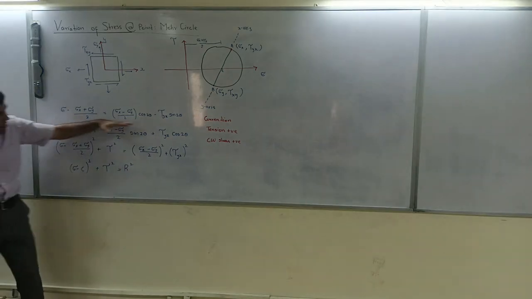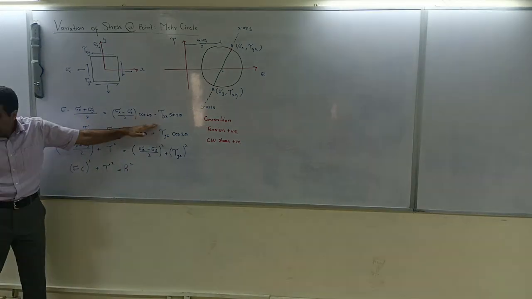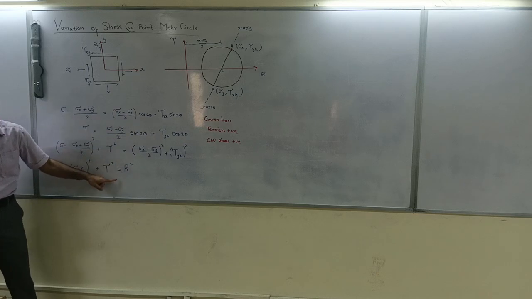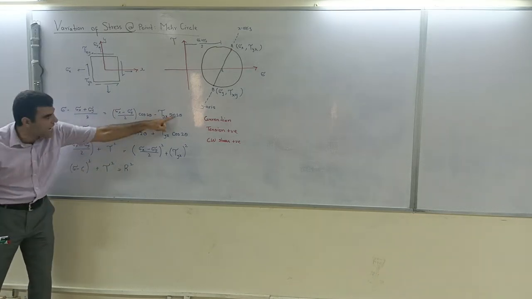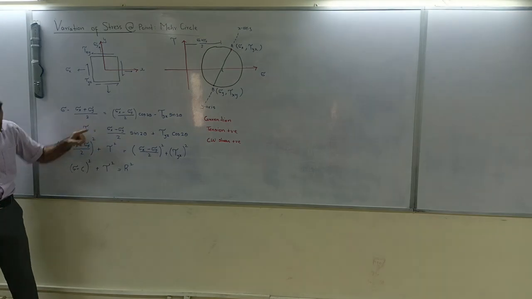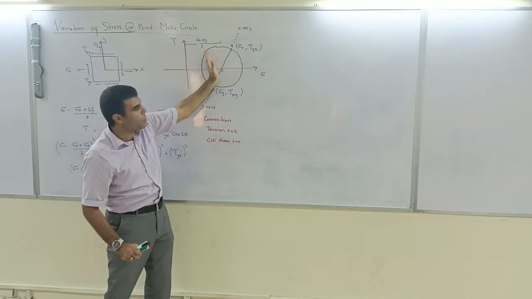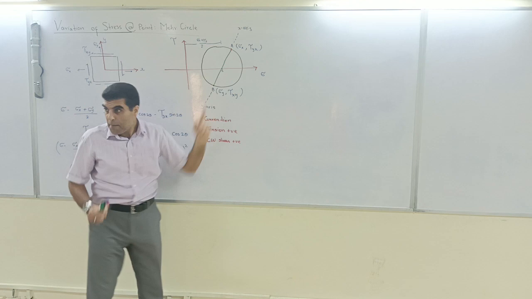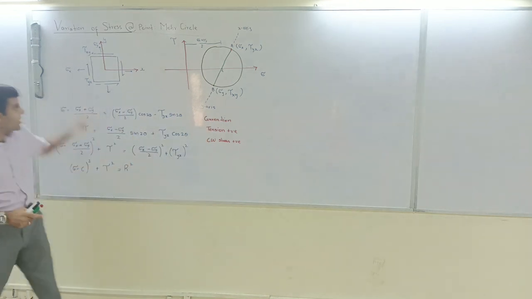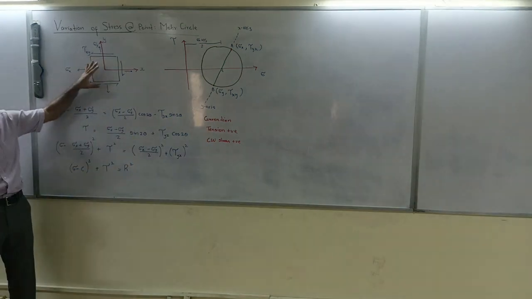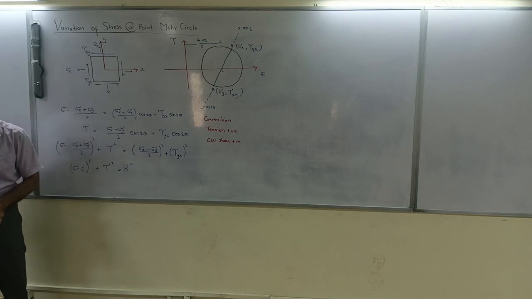Because the Mohr circle equation is drawn based on cos 2 theta. Whatever inclination you take over here should be 2 theta, but when you show it diagrammatically, the inclination of the plane would be theta. This is an important thing to know.